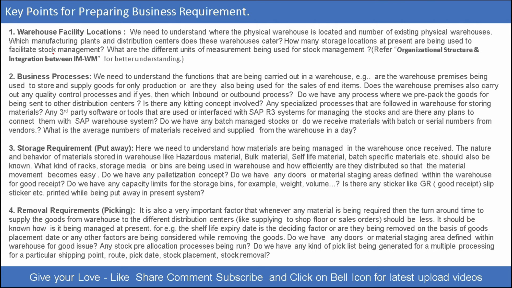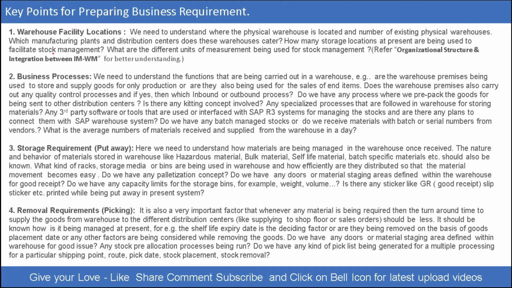What is the concept? And are you using any palletization? Let's say one pallet. The best example is egg. We know that one crate, or tray, contains 30 eggs. Suppose in one pallet 100 trays of eggs are kept, so what is the total count of the materials?